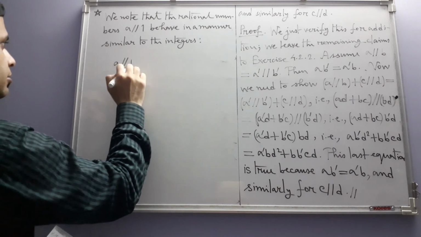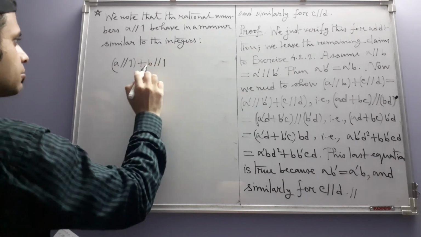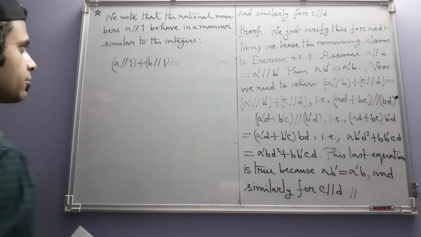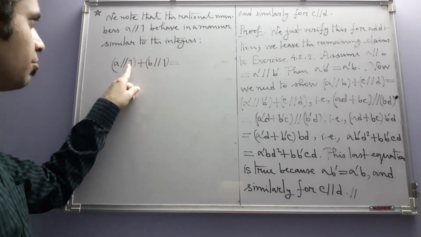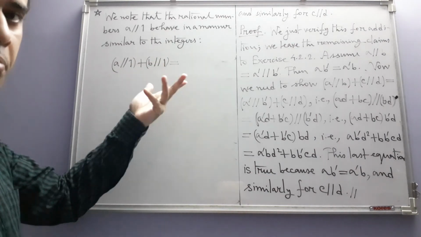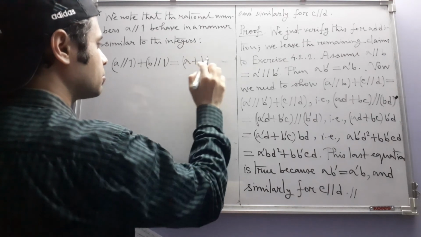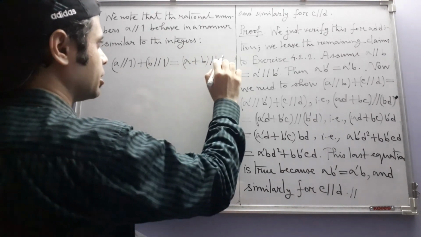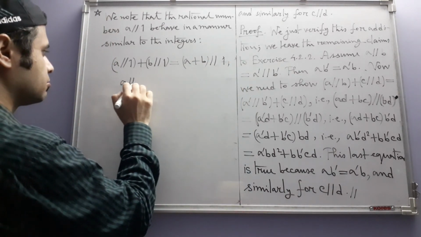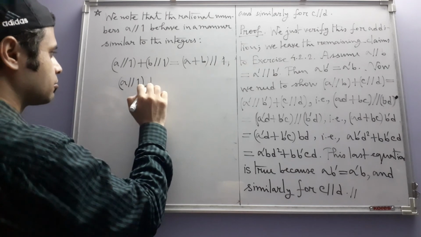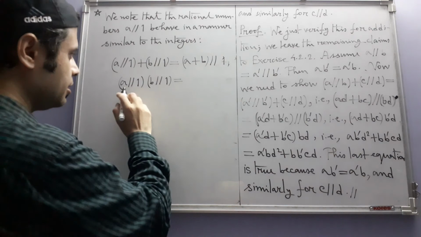If we add two such rational numbers, then according to the definition of this sum, it will be a times 1 plus 1 times b, that means a plus b by 1 times 1, which is 1. This one is easier.